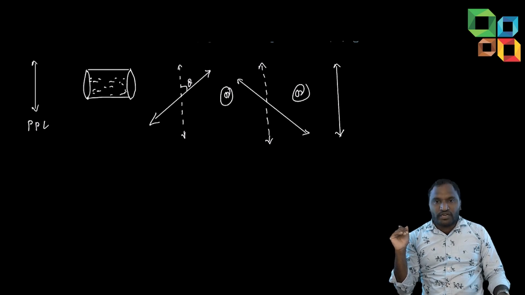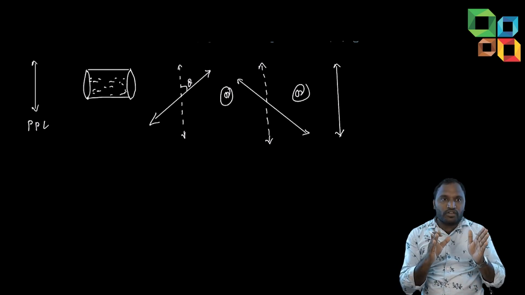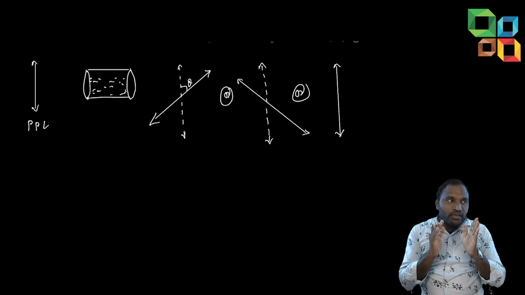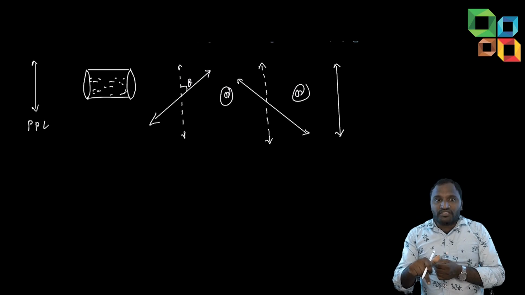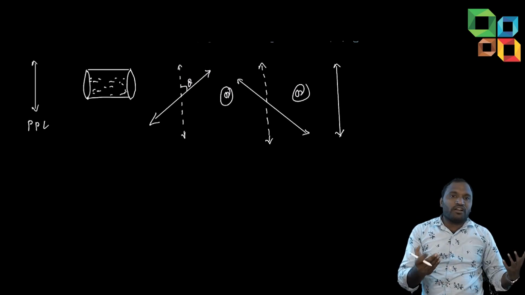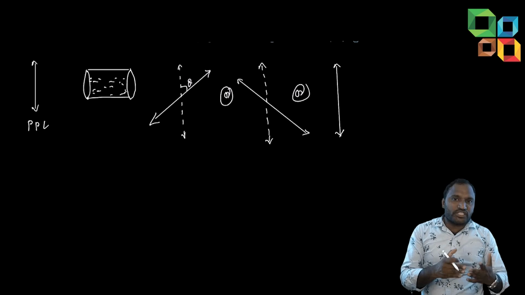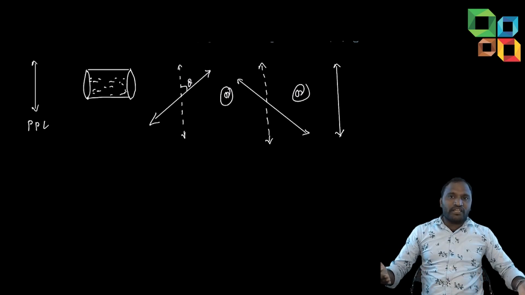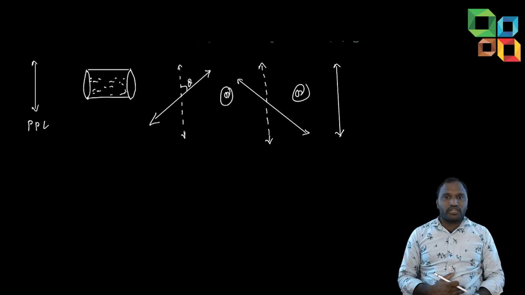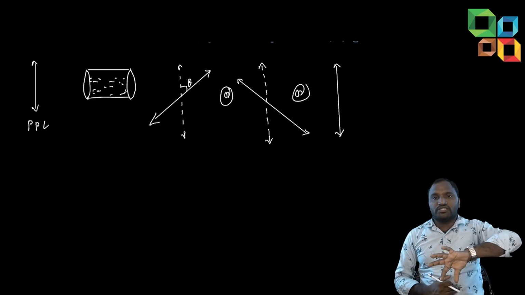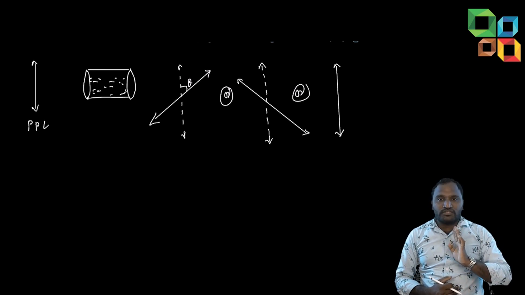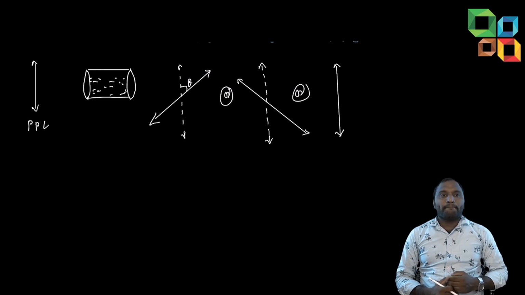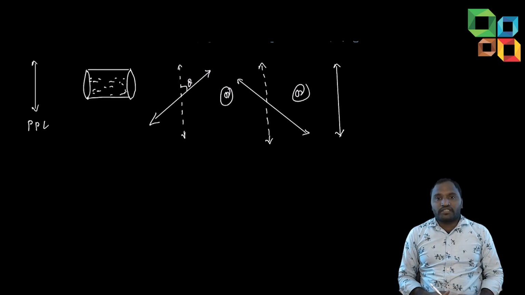Understood students? Why did we take plane polarized light? If we take ordinary light, we can't observe the change in direction, because it moves in all directions. We can't find out which direction the light is moving or what the activity of this organic compound is. For that reason, we are using plane polarized light.